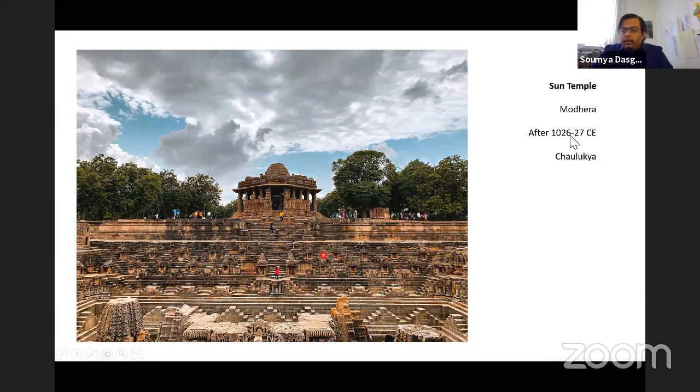So this is from 1026, 1027. The date is a bit confusing here, because what I read is that it was definitely constructed after 1026 and 1027. We are not sure about the exact date of completion.